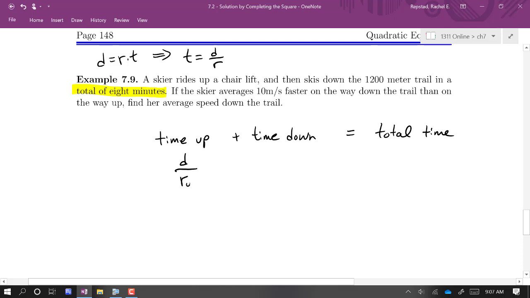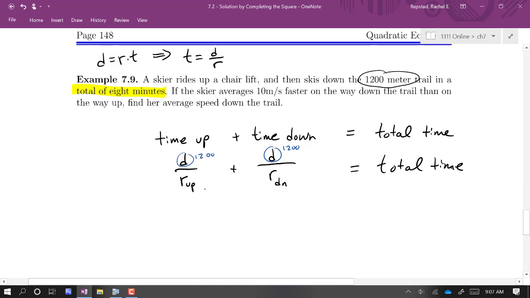Distance over the rate going up plus the distance over the rate going down is equal to the total time. And we know the distance, right? They told us that it's a 1,200 meter trail. So we know what that is.